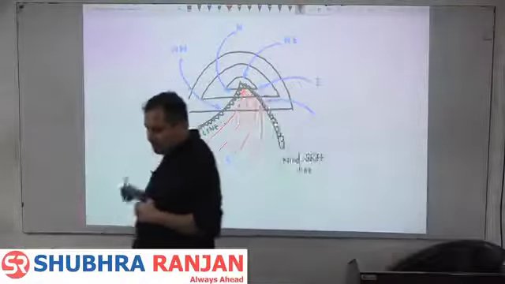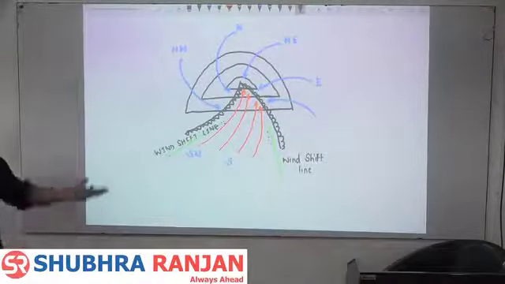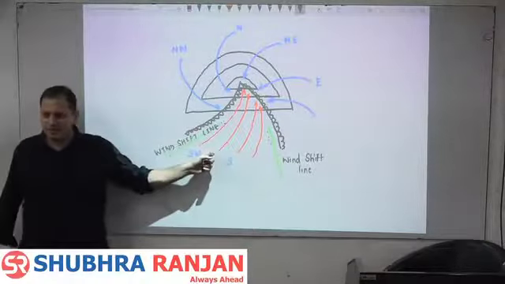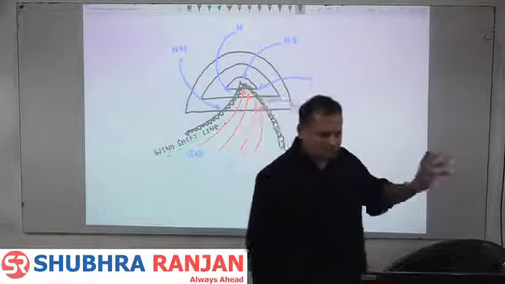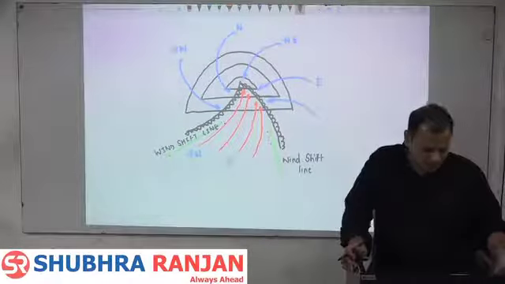Wind shift line. Understood? Wind shift line, इस direction से wind आ रही है, suddenly अब गर्म हो गई. गर्म wind है, suddenly अब ठंडी wind हो गई. Therefore, this is what is known as wind shift line.